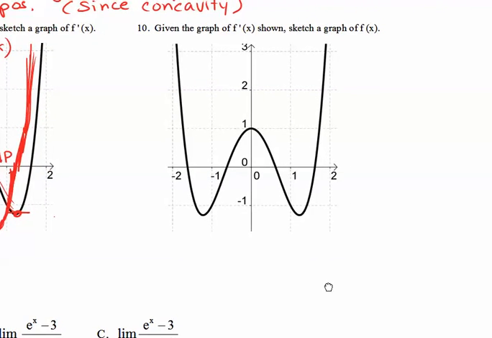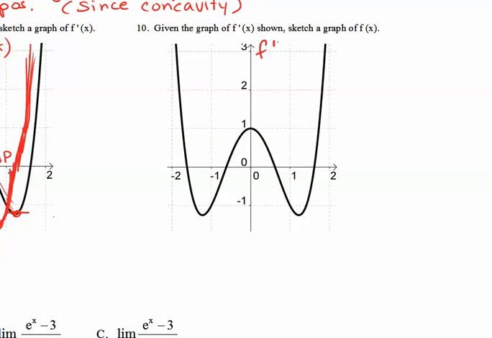All right, in number 10, this is now the graph of f prime. Same graph, but now it represents the derivative, and we're working backwards to say what the graph of f would look like. So now I have to read the slopes. From here to here, the slopes of our original graph are very positive, and from here to here, our slopes are very negative.